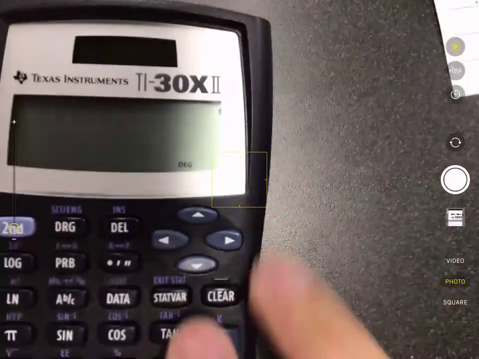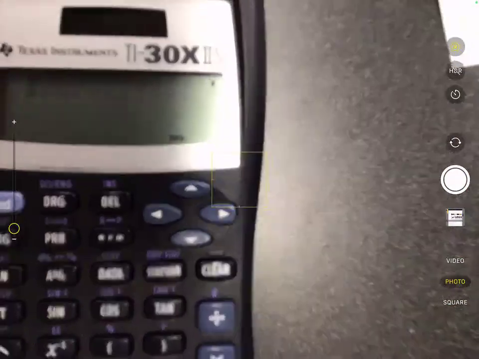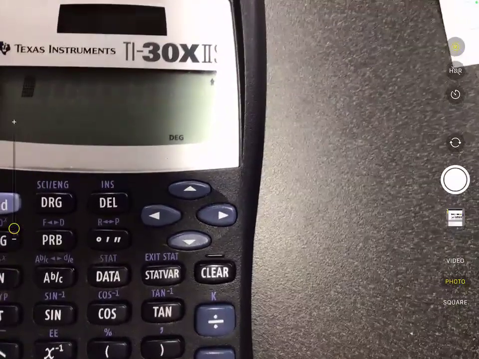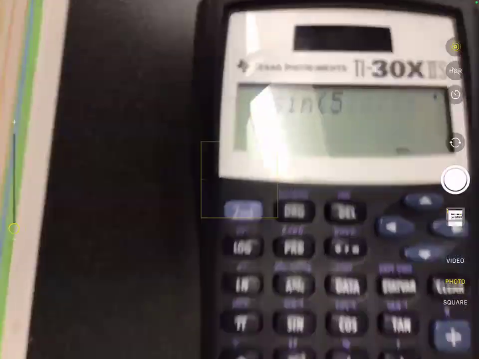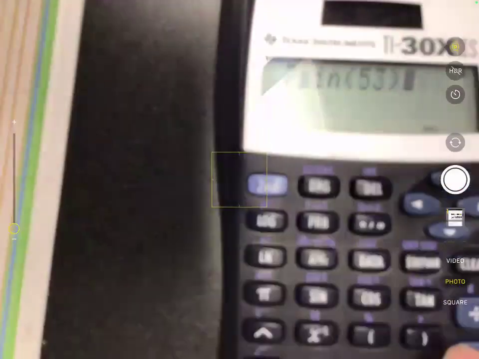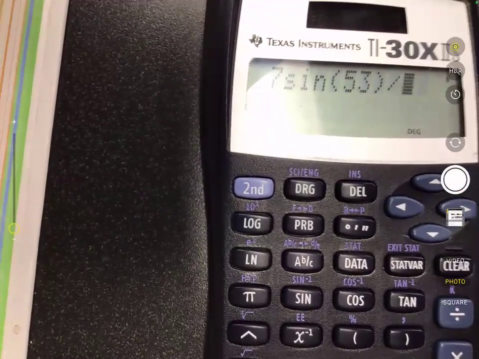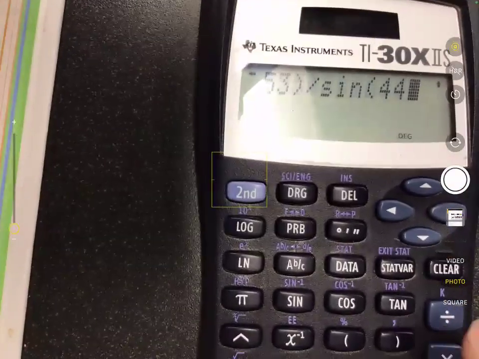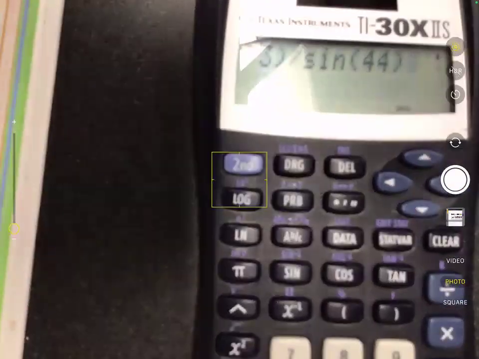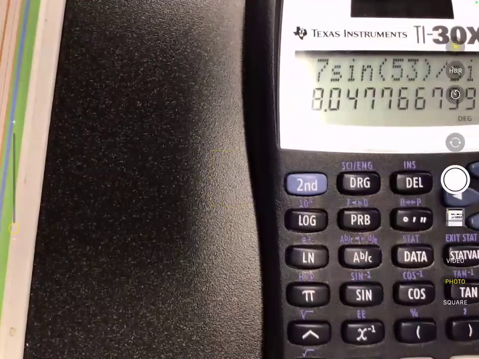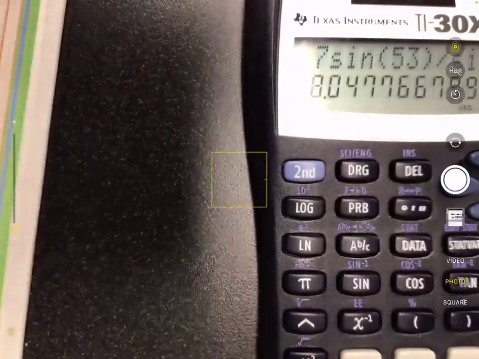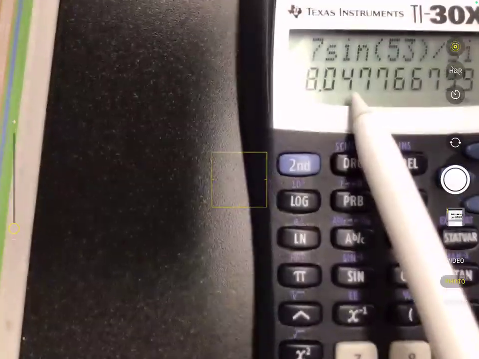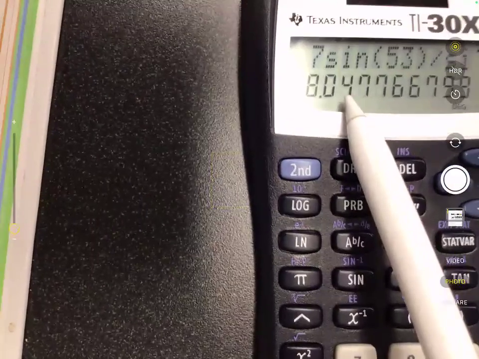But for me, I'm going to type in, sorry, what was it? It was 7 sine 53 degrees, close, divided by the sine of 44 degrees. Now we'll go ahead and round to the nearest hundredth, the second decimal place.